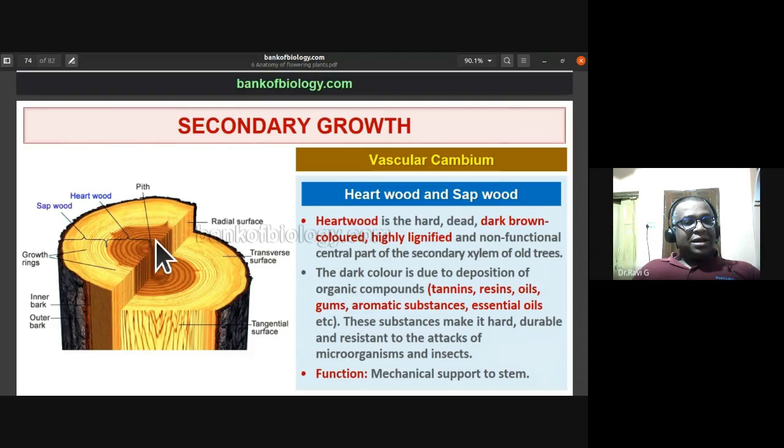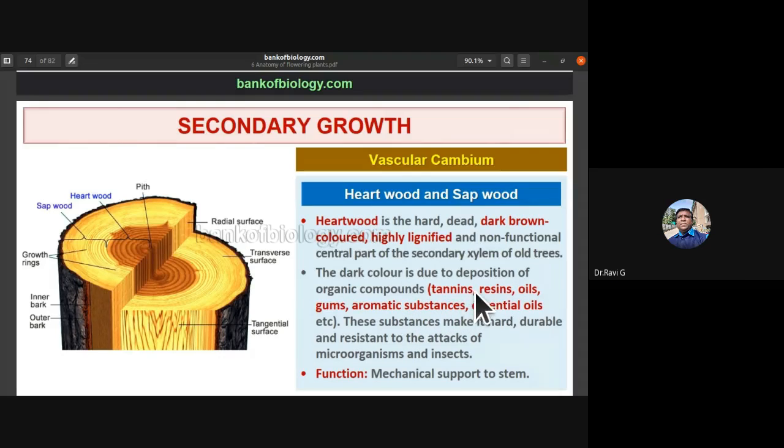The dark color in this heartwood is due to the deposition of various organic compounds like tannins, resins, oils, gums, aromatic substances, essential oils.